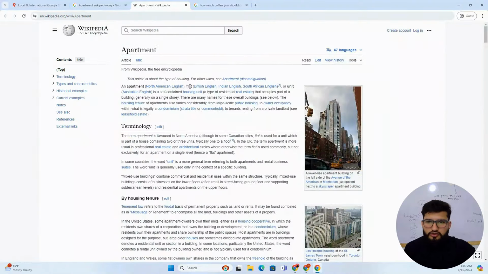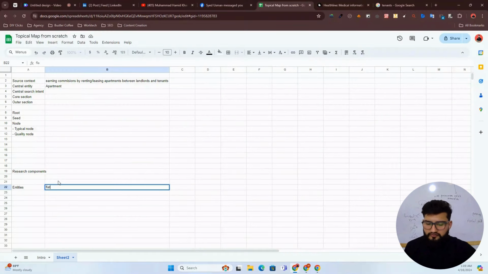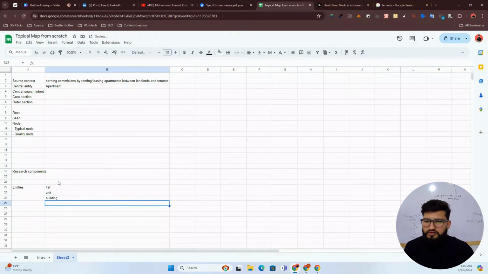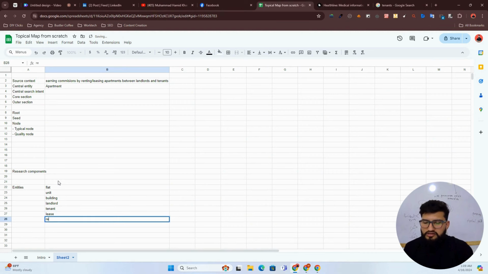Number one is flat, number two unit, building, landlord, tenant, and lease, rent. I think these could also be used as entities. By the way, rent and lease are both verbs, but they can also be used as entities.